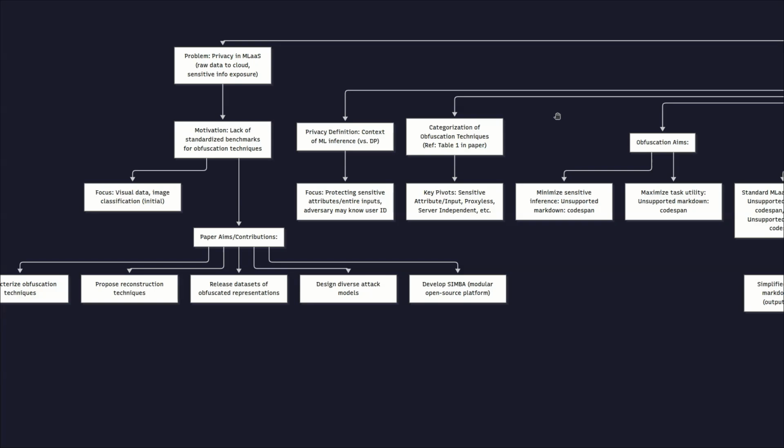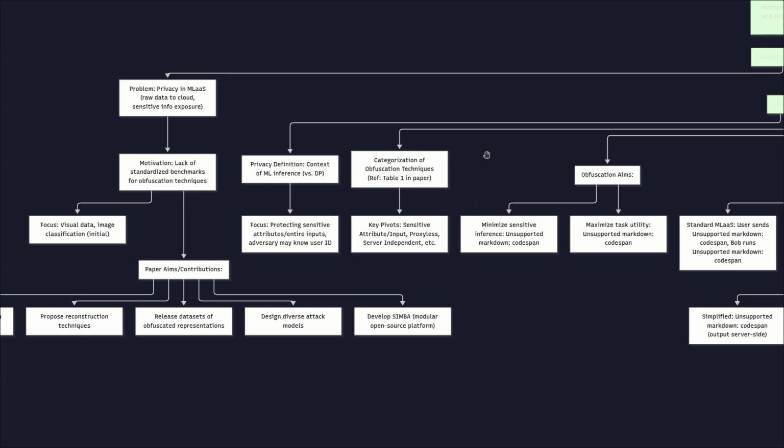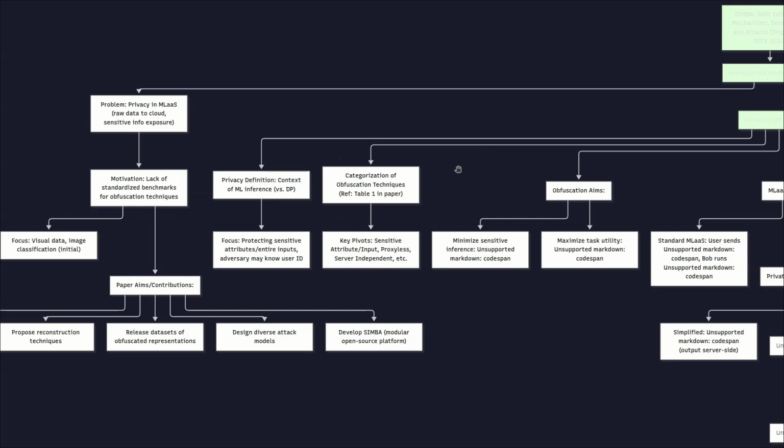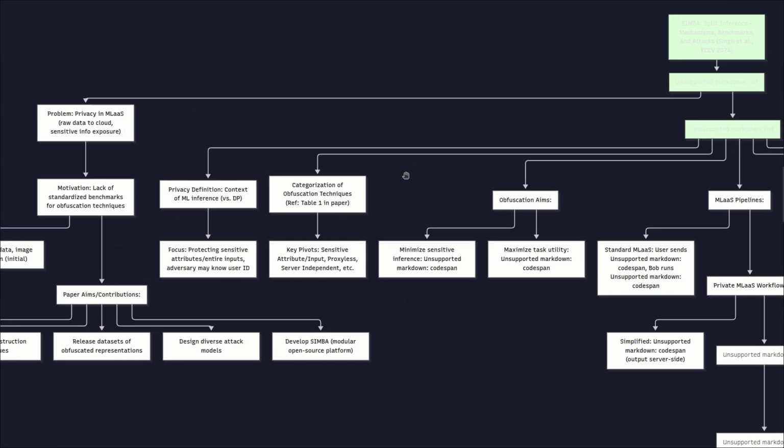These can be compared, like Gaussian noise, Laplacian noise, Gaussian blur, deep obfuscator, max entropy, shredder, disco, and nopeek. So what is Gaussian noise here?